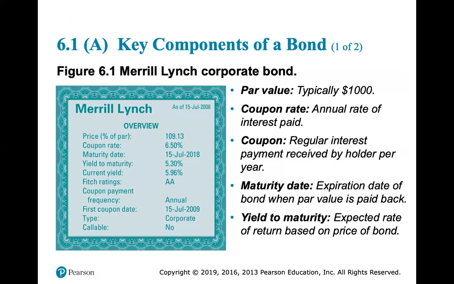The coupon rate is the periodical interest payment by the company to those who buy and hold the bonds. The maturity date is the expiration date of the bond, when the par value will be paid back fully as the principal value.